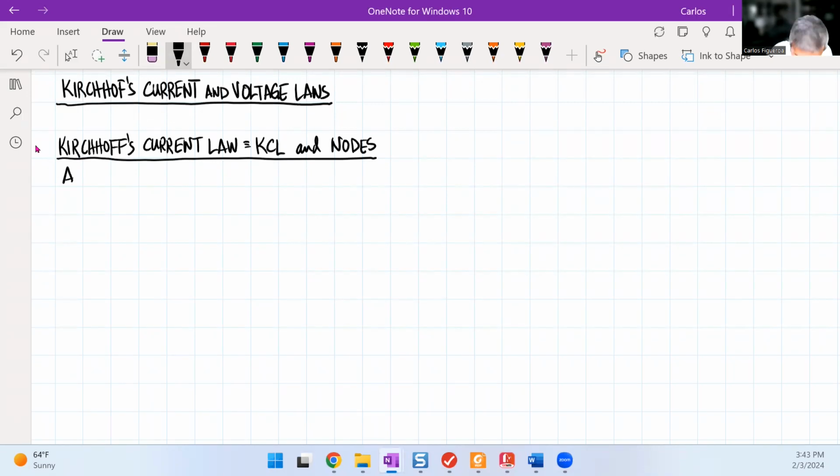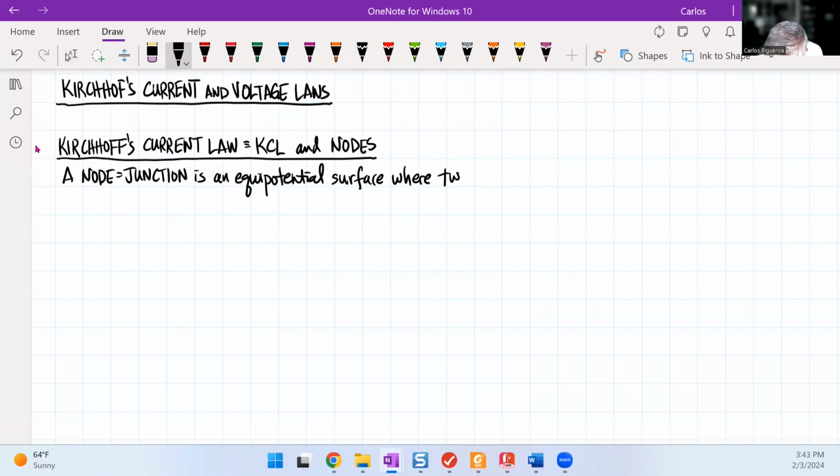A node, also called a junction, is an equipotential surface where two or more elements connect.